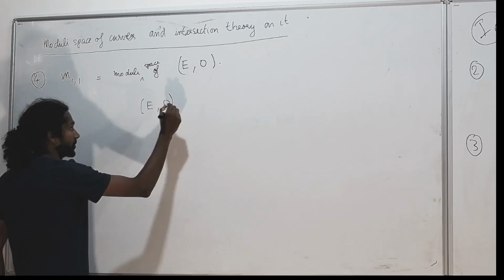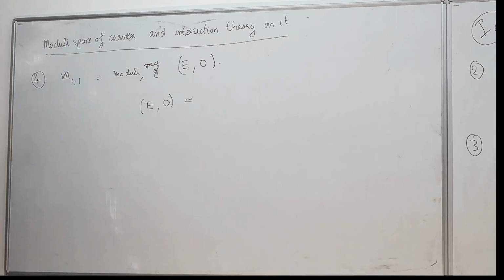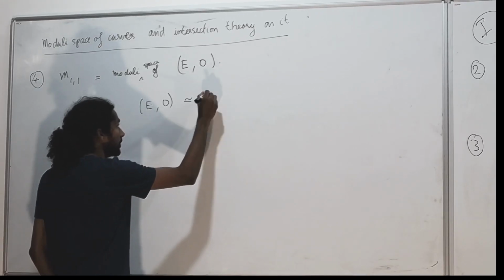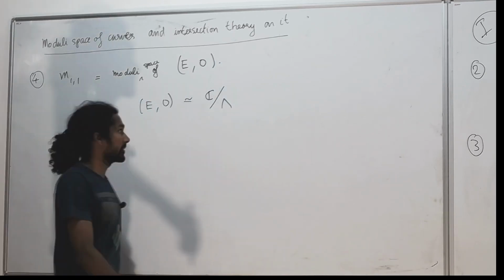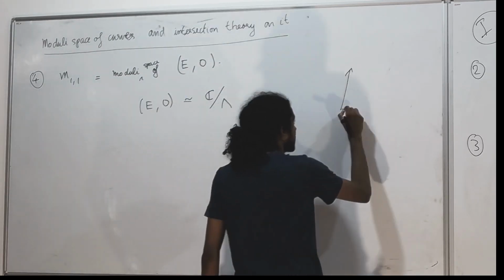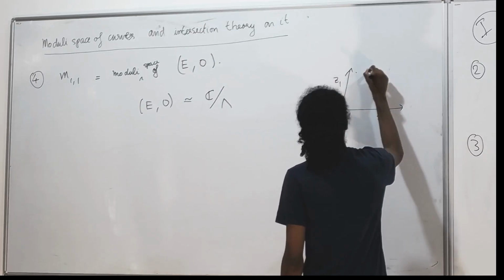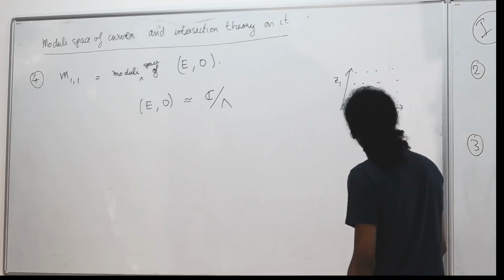So to classify all such elliptic curves with a marked point, it's enough to look at complex tori. What are complex tori? Take a lattice, and you take the quotient.